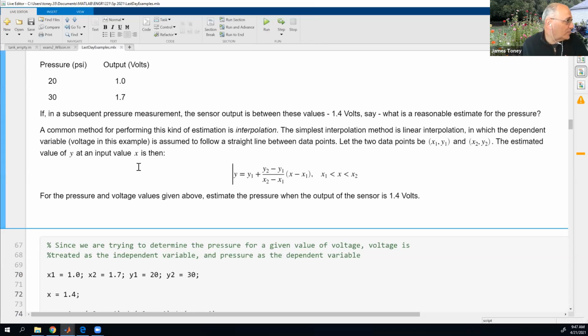In this example, x1 and x2 would be the two known voltages, 1.0 and 1.7. y1 and y2 would be the two known pressure values, 20 and 30. And then x would be the value that we measured this time, and we want to know what pressure it corresponds to. We're saying to use 1.4 volts for that.